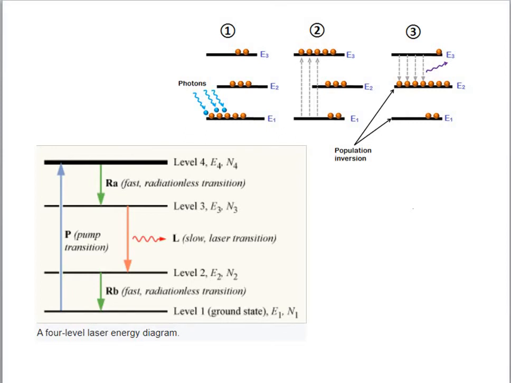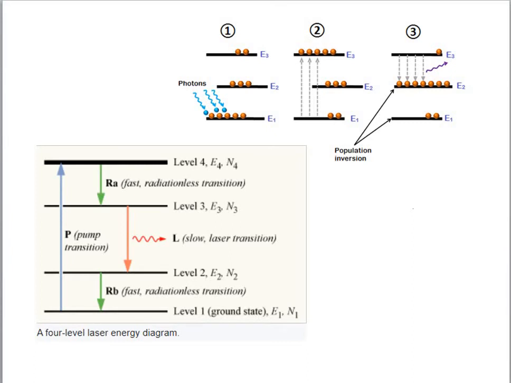So it is known as population inversion. That is, if the excited state is more populated than the lower energy state, it is called a population inversion. So population inversion is a non-equilibrium state of a material in which the population of the higher energy level N2 exceeds the population of the lower energy level N1, and this is known as population inversion.